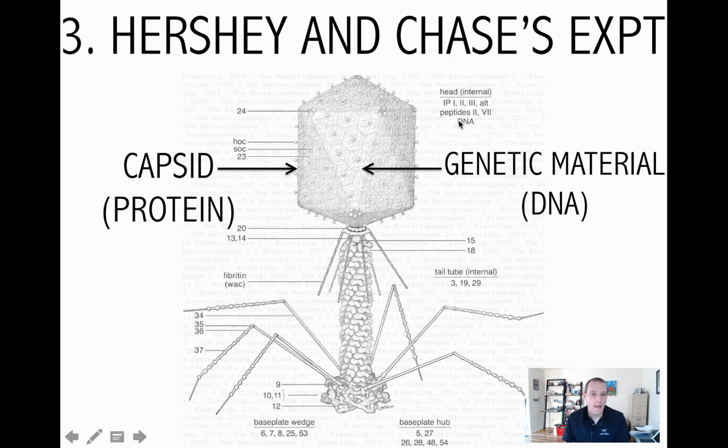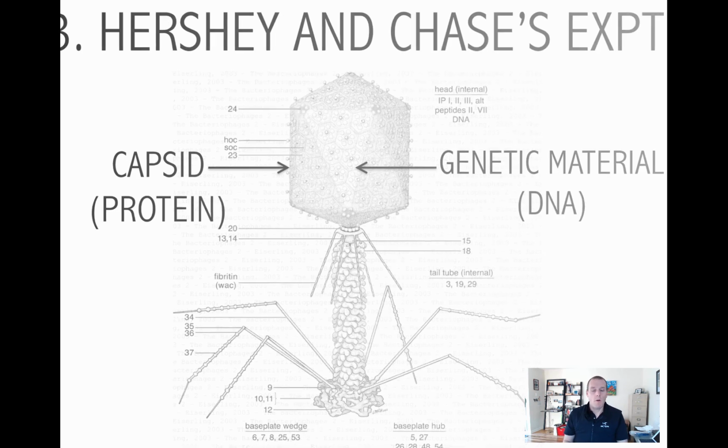We have the head-like structure, which you just saw on the electron micrograph, and then there's this tail through which the genetic material is injected through the cell wall of the bacteria and into the bacterial cytoplasm. And then there are these little leg structures which are part of the base plate, and they are responsible for specifically binding to the E. coli bacteria.